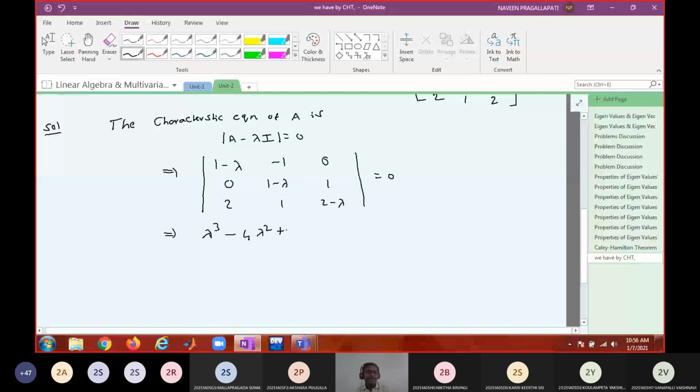Is this 5 lambda? I have something different. I got the answer as 3 lambda. I wrote in my notebook as 4 lambda plus 1. Please verify once.